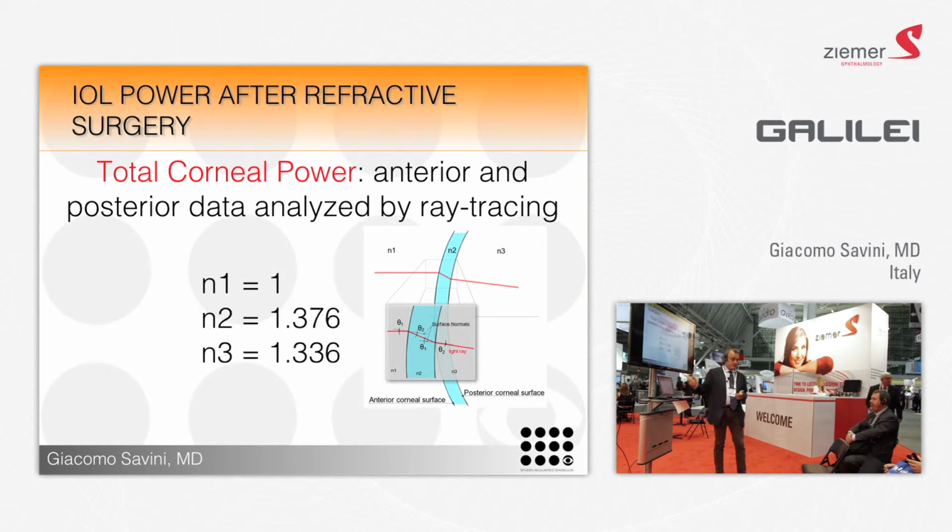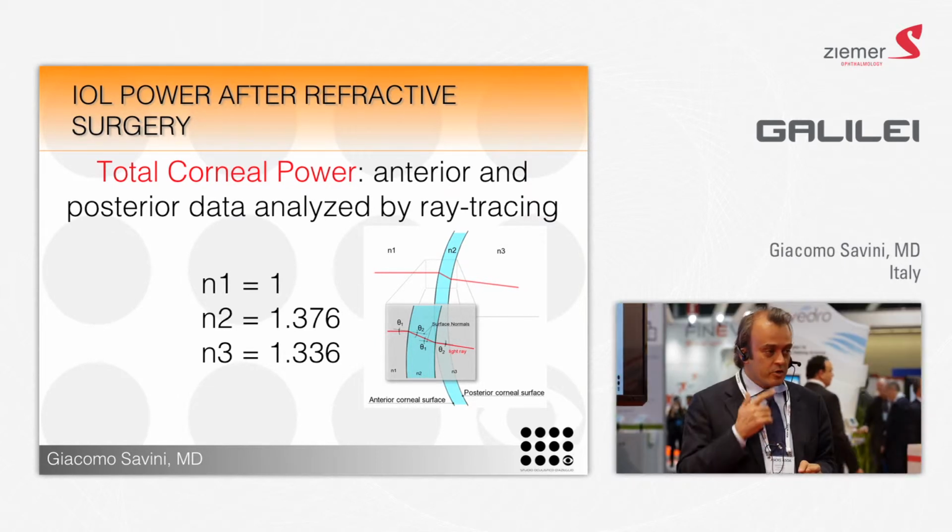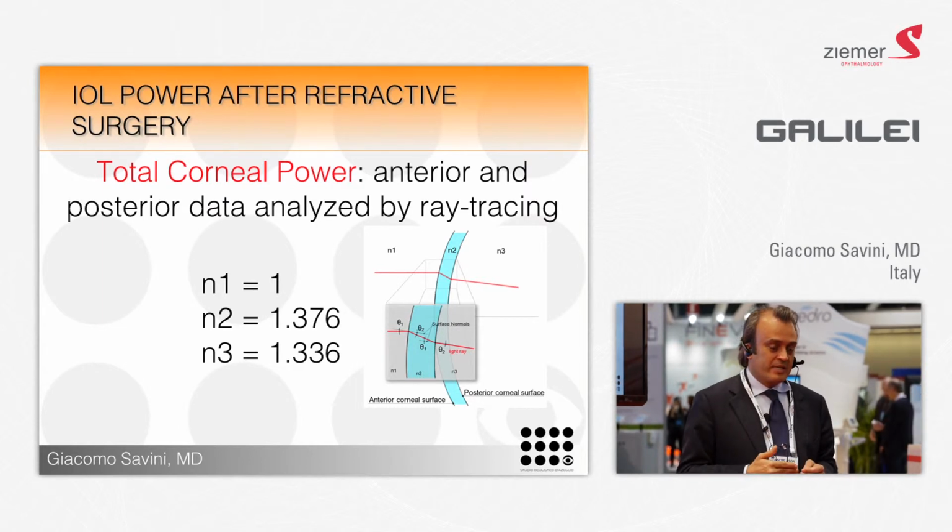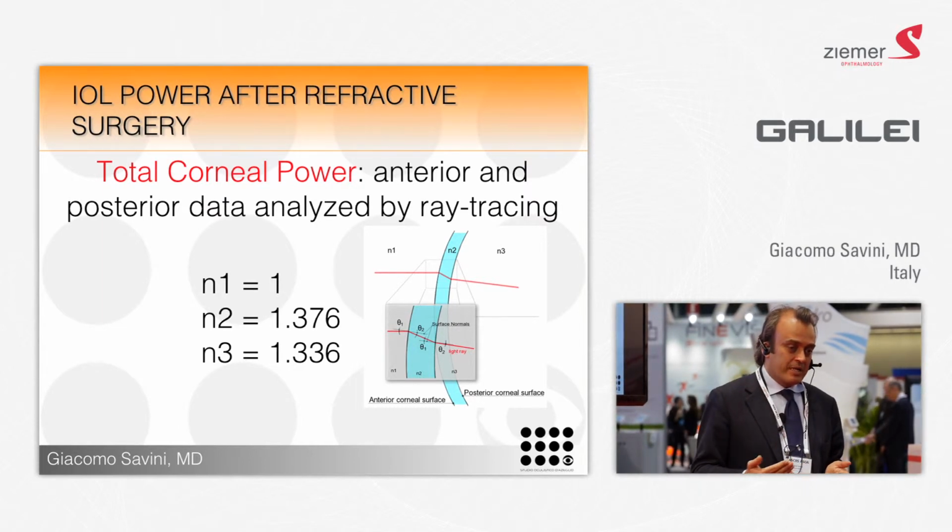So you use the correct refractive indexes for each diopter, and you get a measurement of the cornea which is usually lower than what you are used to getting with a SimK or manual keratometry.